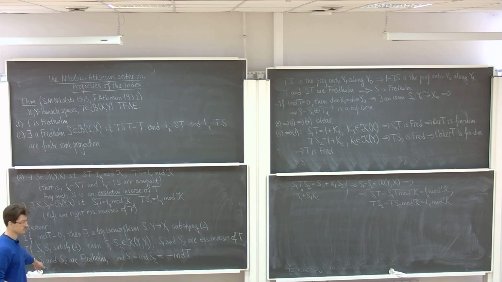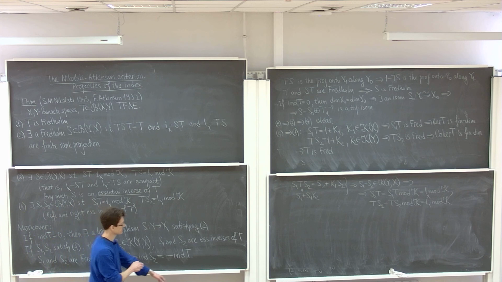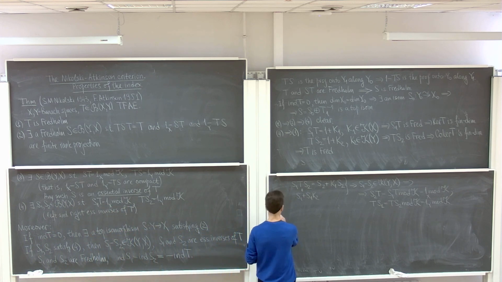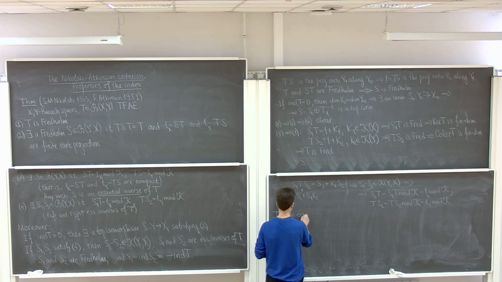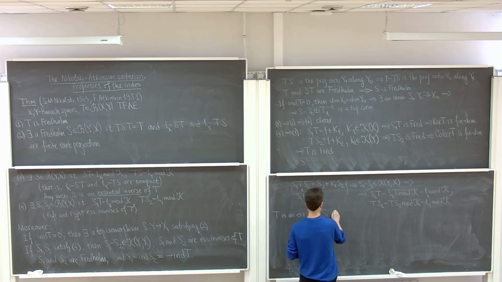Why are they Fredholm? They are Fredholm because we already know that conditions 1, 2, 3, and 4 are equivalent. And T is an essential inverse to each of them. T is an essential inverse of S1 and of S2.